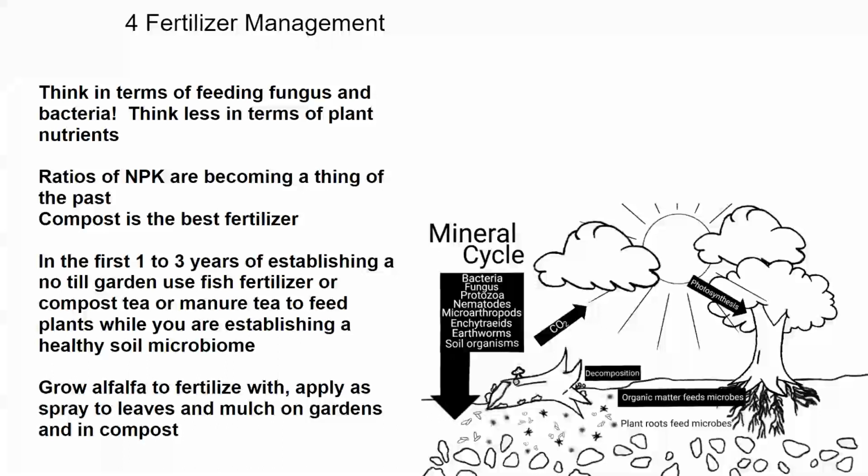Alfalfa can make an excellent extract. We could put alfalfa into a blender. Just pick some alfalfa, throw it in the blender, and fill the blender with some water, I don't know, two or three cups of water with a handful of alfalfa. Turn that on, and you need a powerful blender to do this, like a Vitamix or something equivalent, a good high-quality one. A $30 or $40 blender from Walmart is not going to work.